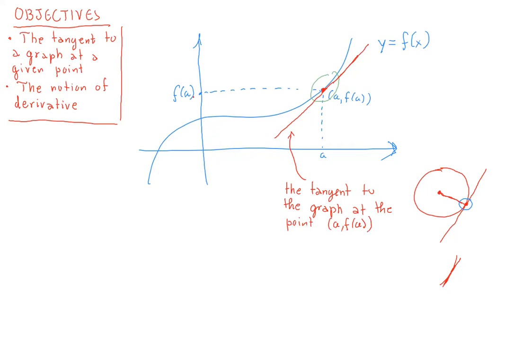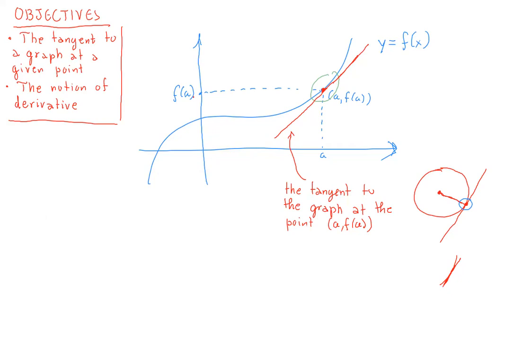And in some sense, again, the main idea is that if we restrict our attention very, very close to that particular point, then that line is going to look very much like the graph itself.